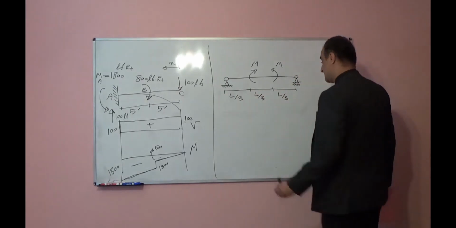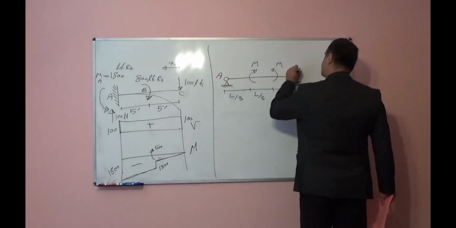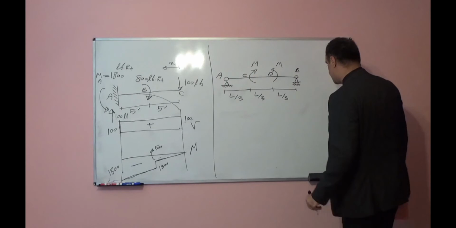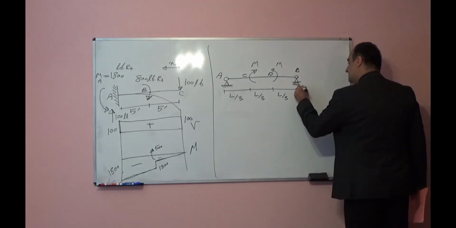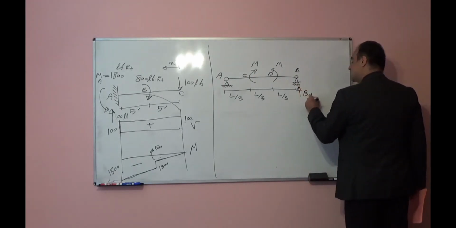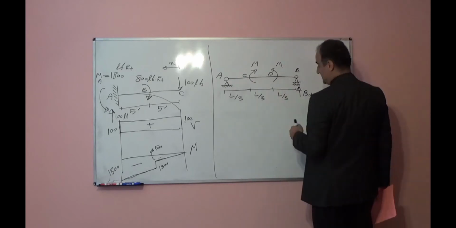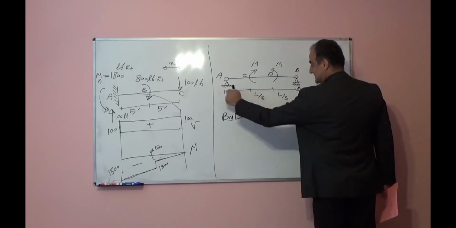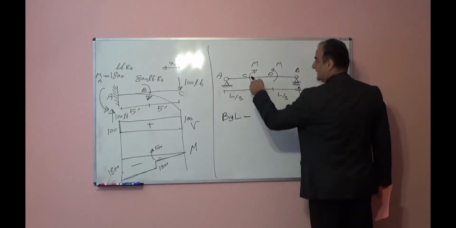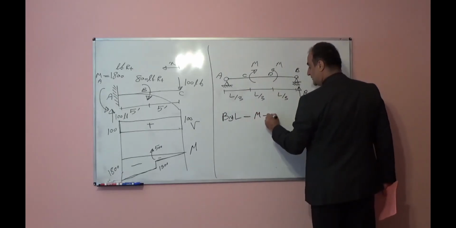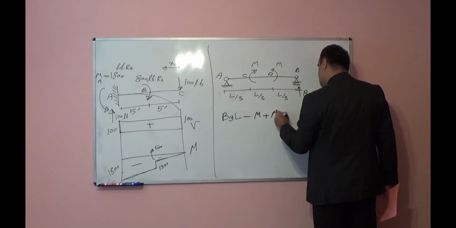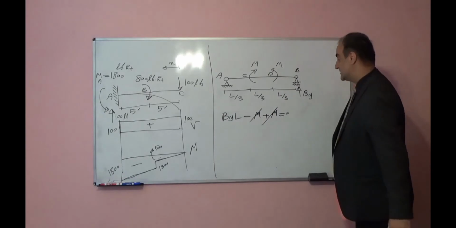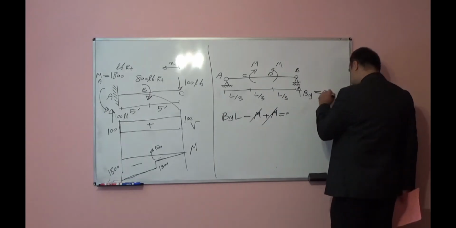First step, I should find reactions A, B, for example, C, D. In order to find By, I should take moment with respect to point A. So it will be By times distance L minus M plus M is equal to 0.